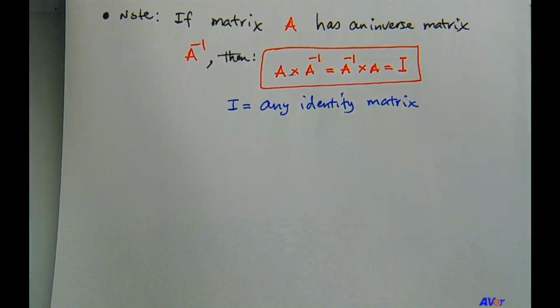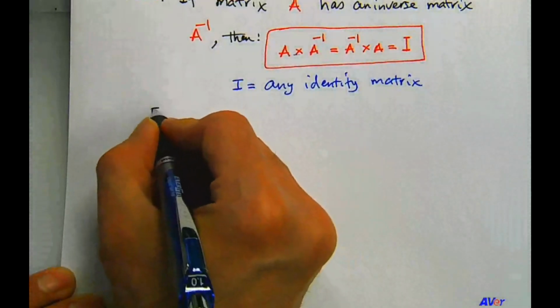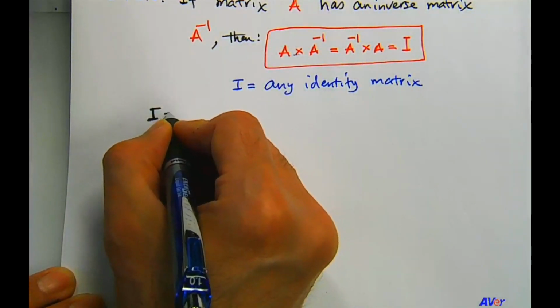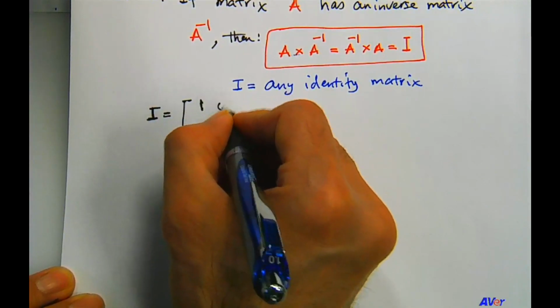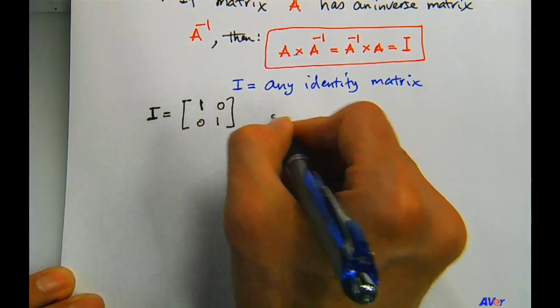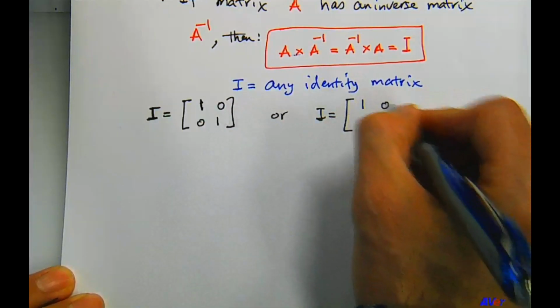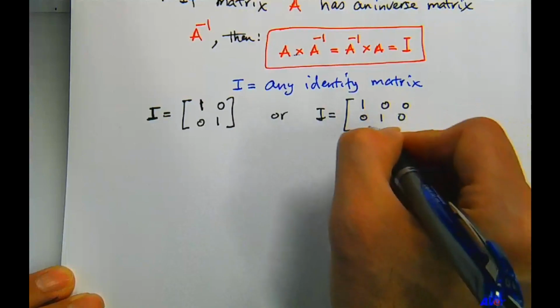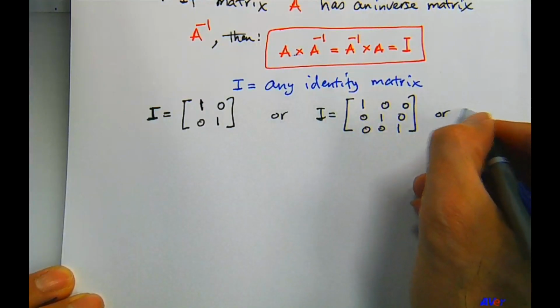So just a reminder, we've mentioned this in the previous section, but just to complete these series of notes, the identity matrix looks like this, or like this, or so on.